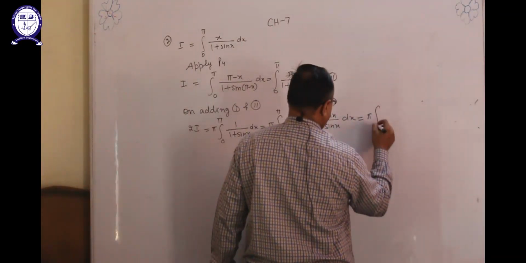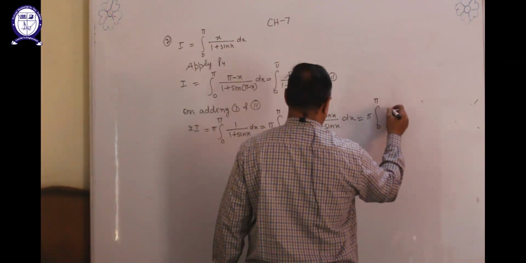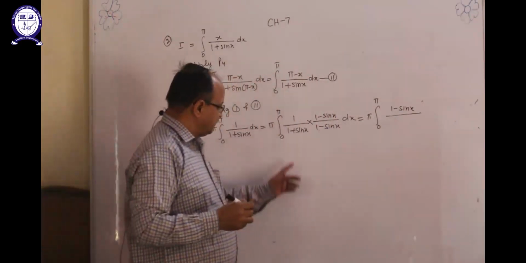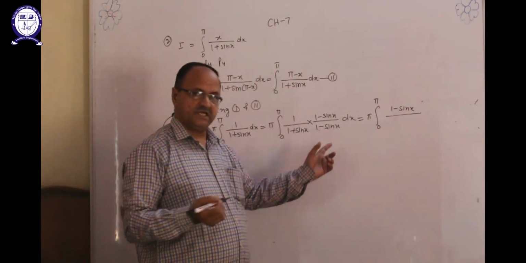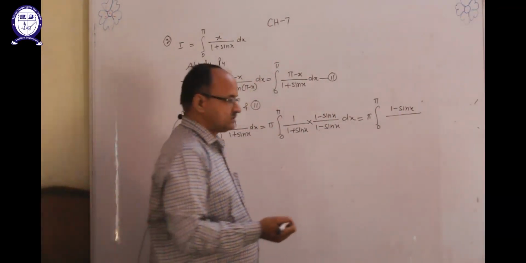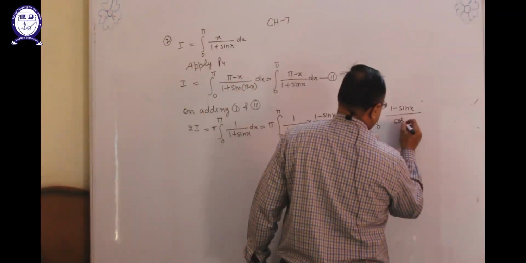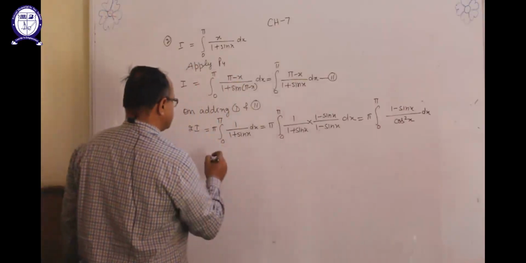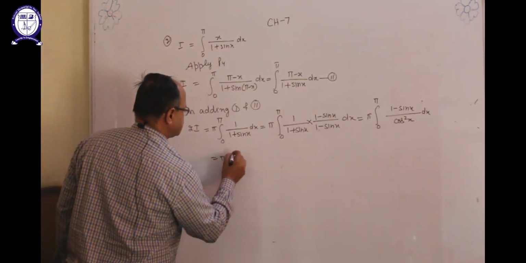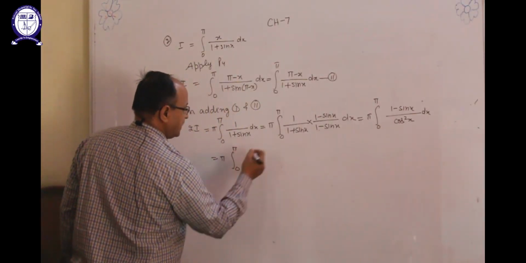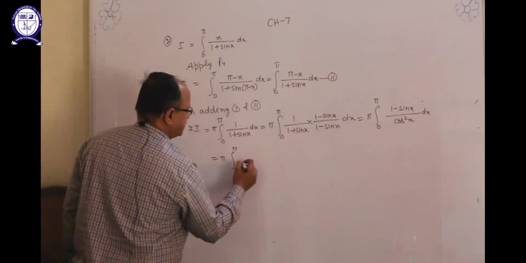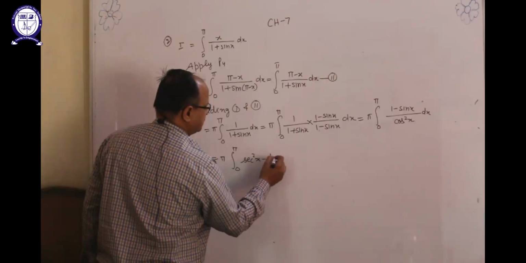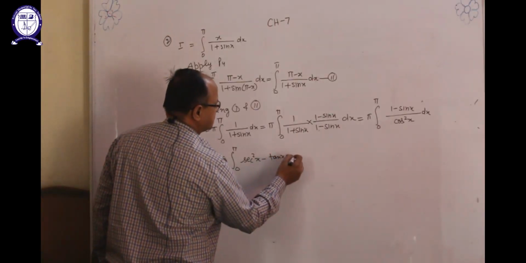That is pi integration 0 to pi of 1 minus sin x upon 1 plus sin x into 1 minus sin x, that is 1 minus sin square x, which is cos square x dx. Now you can write this as pi outside, 0 to pi. Separate the terms: 1 by cos square is sec square x, and sin by cos square is in a variable tan x sec x.